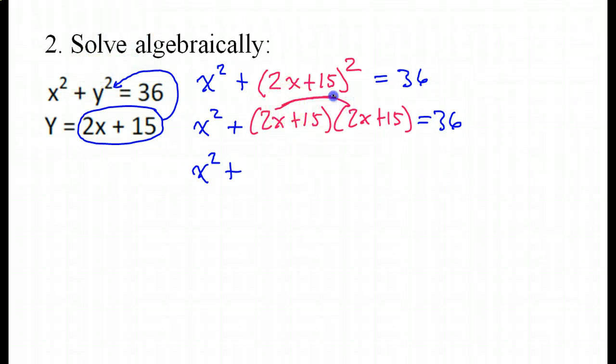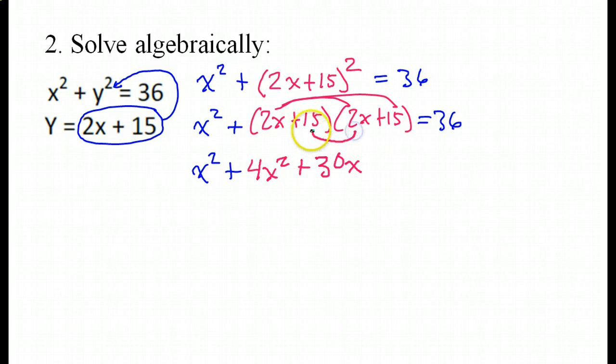All right, distributive property, right? So that's going to be 4x squared. 2x times 15, well, 2 times 15 is 30, and then I've got the 1x, so 30x. Same thing again, 15 times 2x, that'll be another 30x. And 15 times 15 is 225.